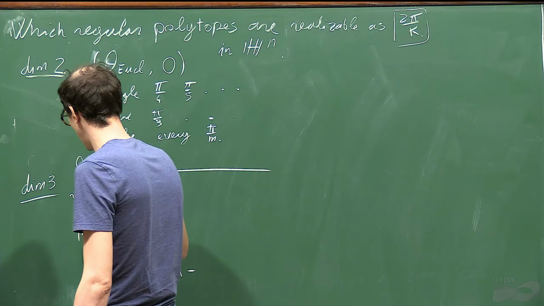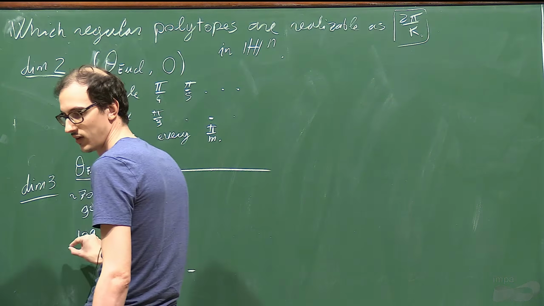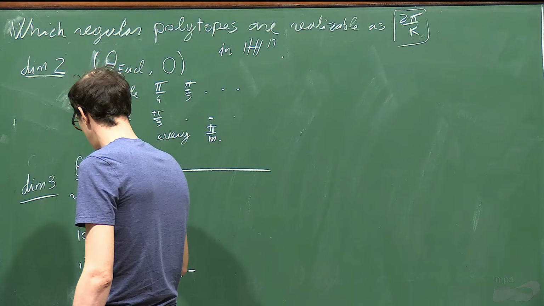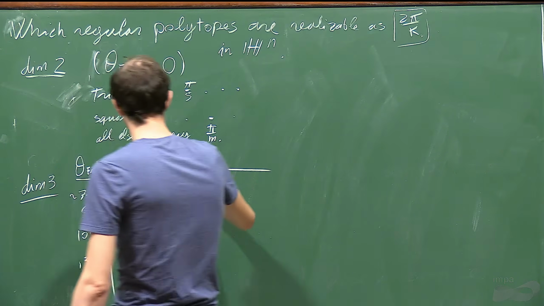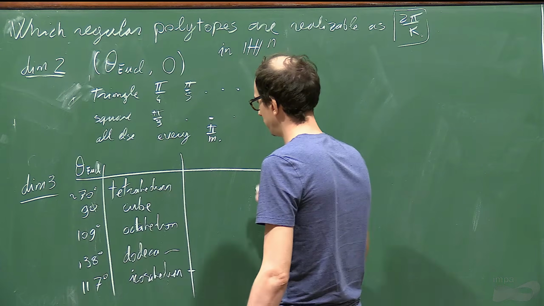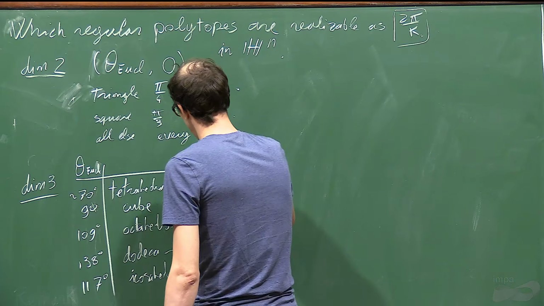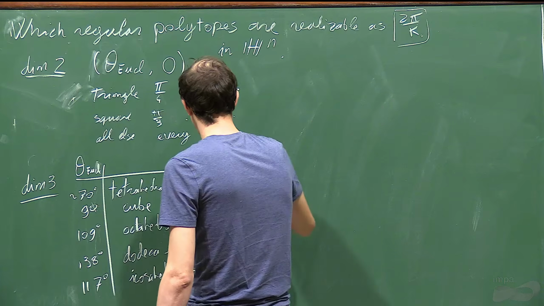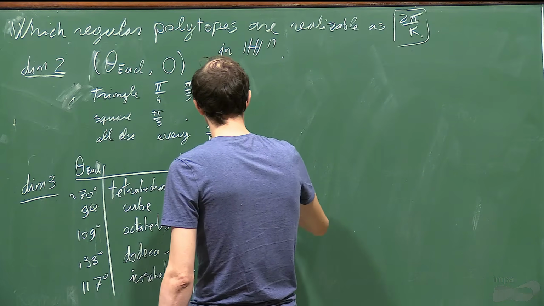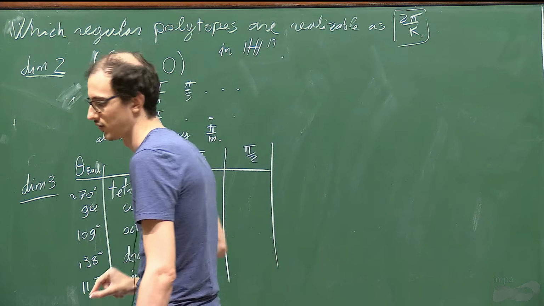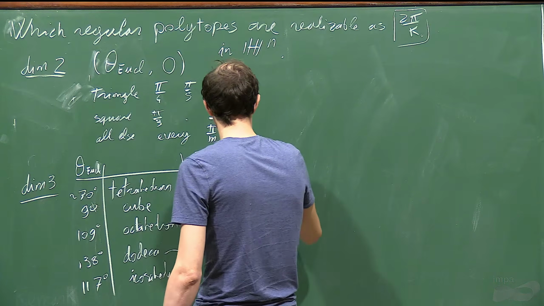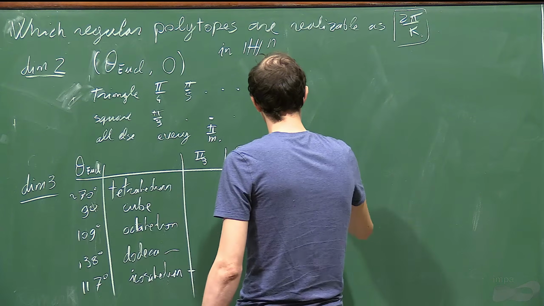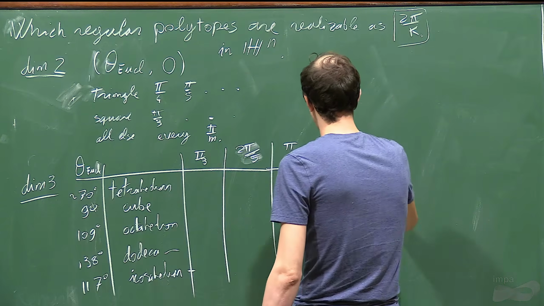This should be around 109, around 138. So let's say some angles like pi over 3, pi over 2, no, let's say 2 pi over 5 first. Pi over 2, 2 pi over 3.